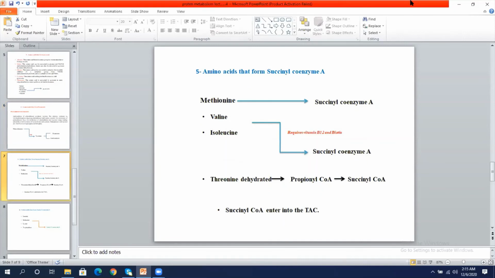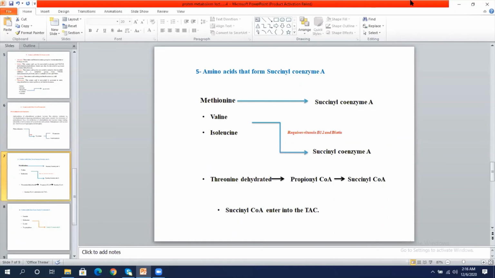In the fifth way, amino acids that form succinyl coenzyme A: methionine, valine, and isoleucine are those amino acids which are converted into succinyl coenzyme A by different types of biological catalysts.